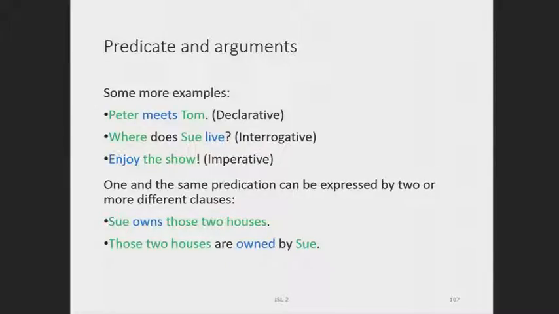Here, I must have the verb before the noun for the interrogative. And what is the imperative missing? Yeah, it doesn't have a subject. So if we don't have a subject in English and we consider it a full sentence, then it should be an imperative, right? Whereas in Spanish, not really necessary. In Mandarin, not really necessary.